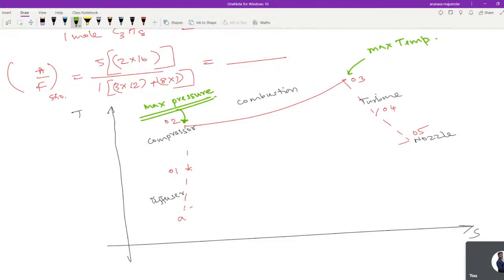Right. Now, there are some very important and very easy tricks. I'm going to tell you how you can remember, without much effort, the efficiency of the important components: the diffuser, the compressor, the turbine, and the nozzle.